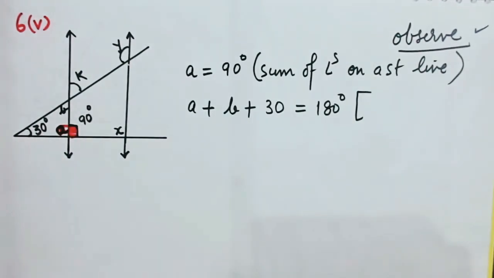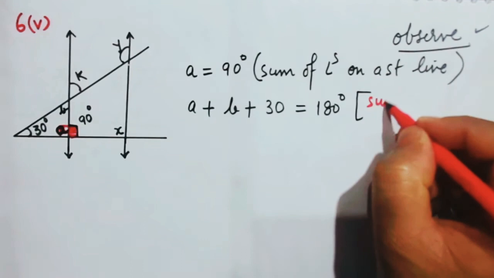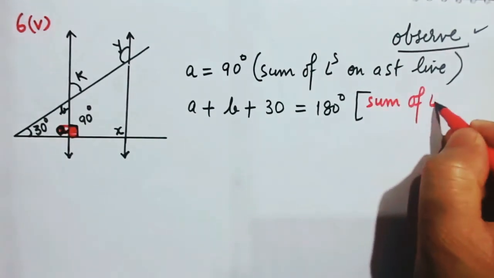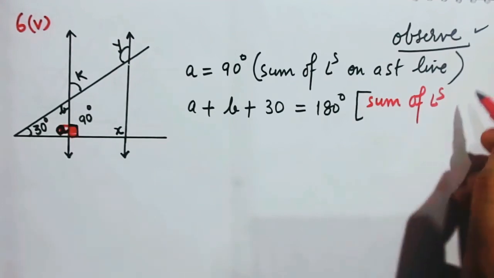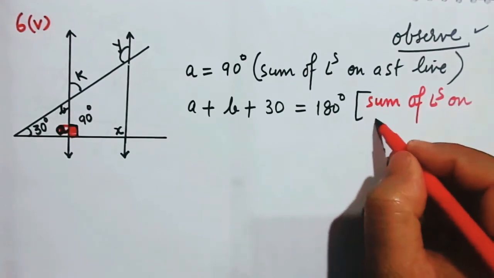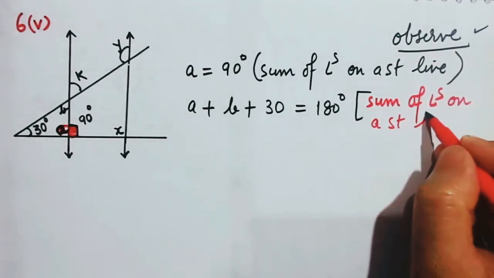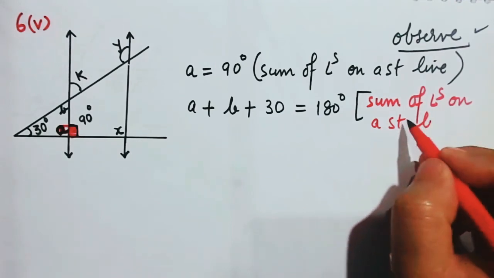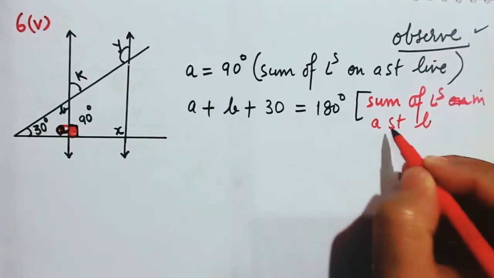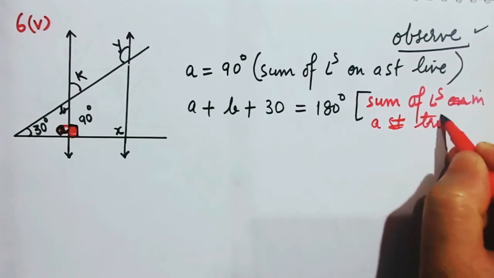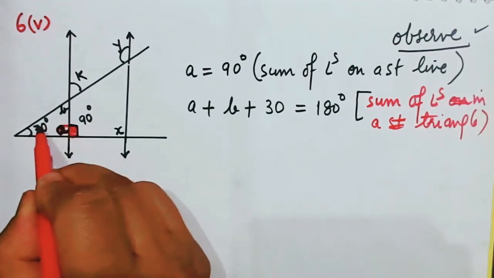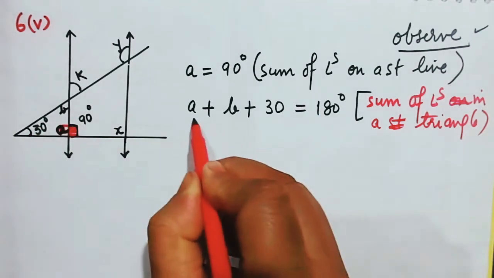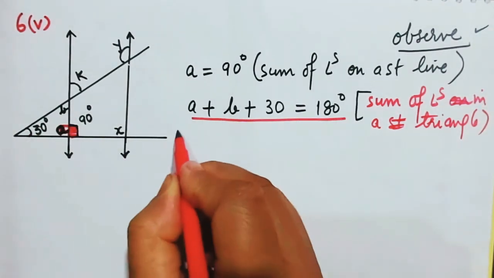Because the sum of angles in a triangle is equal to 180 degrees.